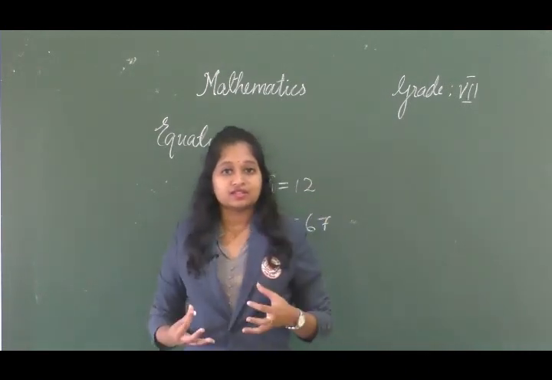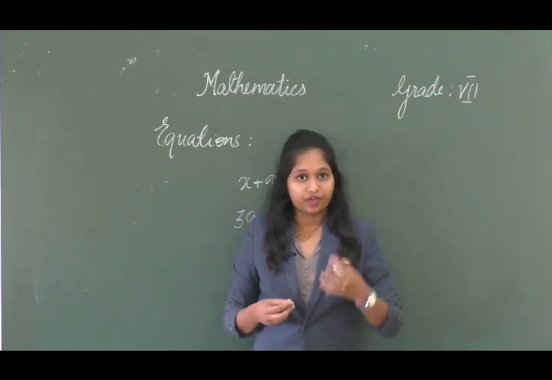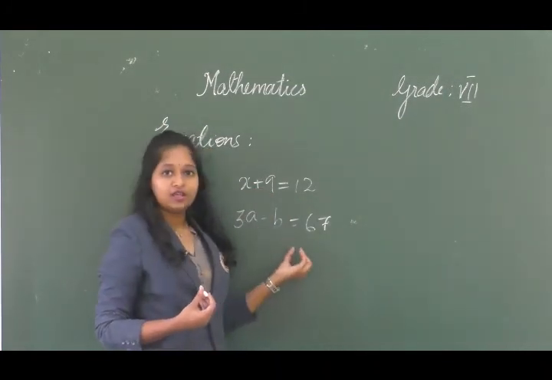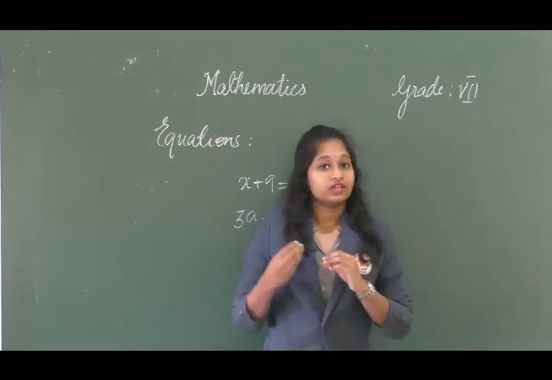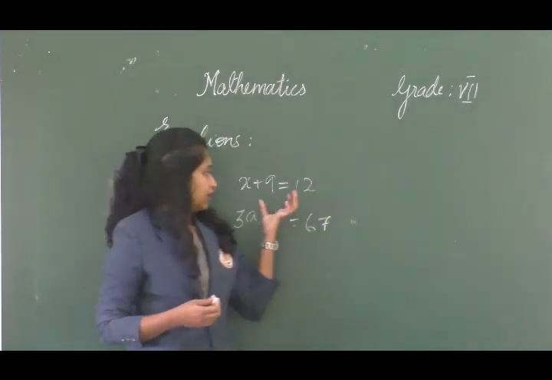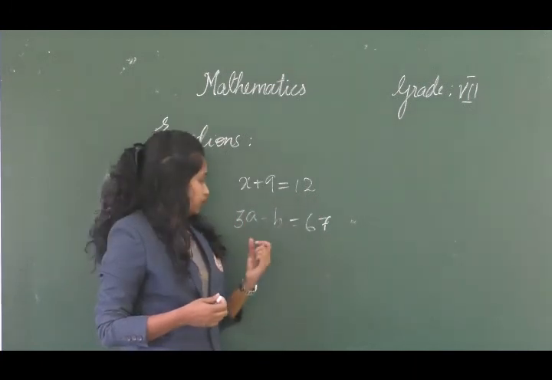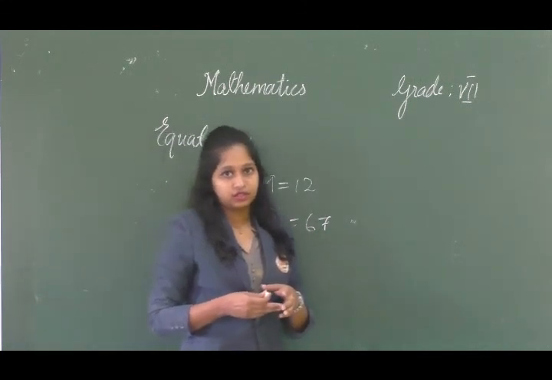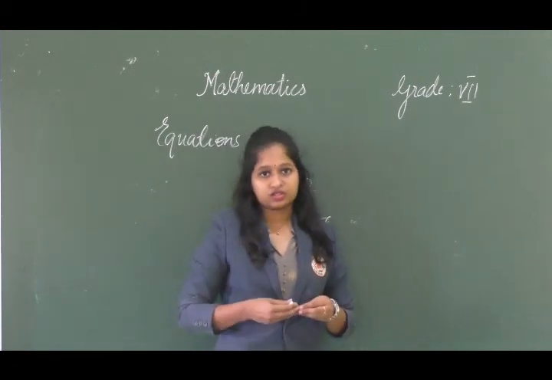And this statement of equality, which involves variables like x, a, b, etc., are called equations. Now I have 2 examples here. x plus 9 equal to 12, 3a minus b equal to 67. These 2 are examples of equations.